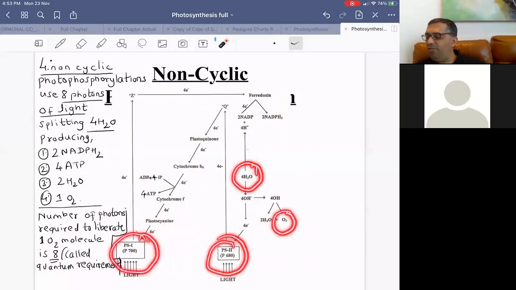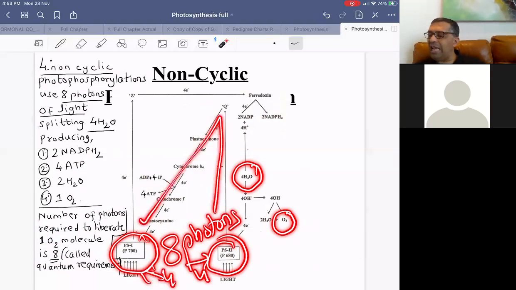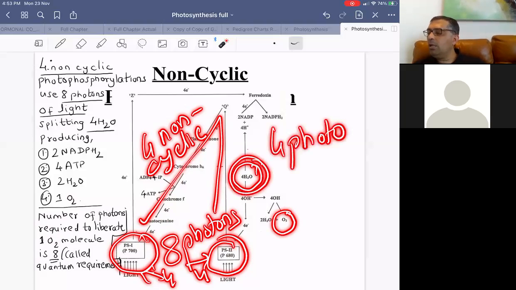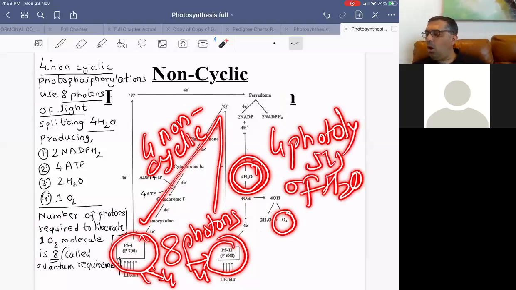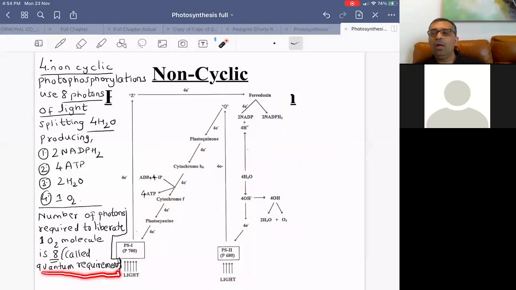So a total of 8 photons, 4 plus 4, and 4 non-cyclic processes and 4 photolysis of water to liberate 1 oxygen molecule. That is called the quantum requirement. So what is quantum requirement? The number of photons required for liberating 1 oxygen molecule.